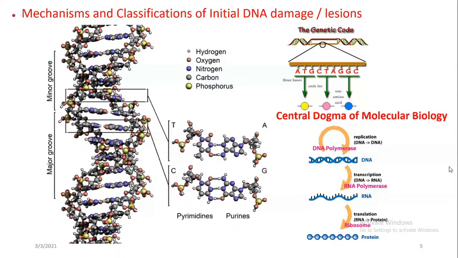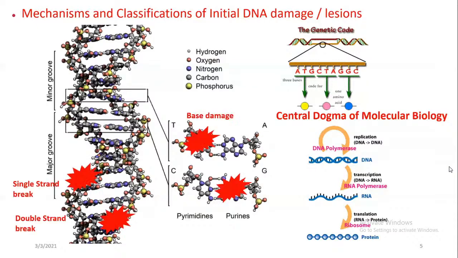A critical damage to DNA is a double strand break, which is a pair of single strand breaks within 10 base pairs. For example, one single strand break in the left backbone and another single strand break in the right backbone within a couple of base pairs can be considered as a double strand break.